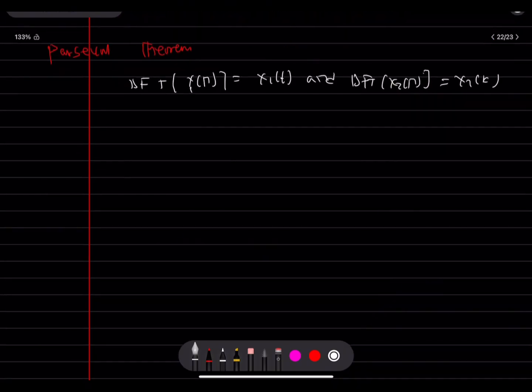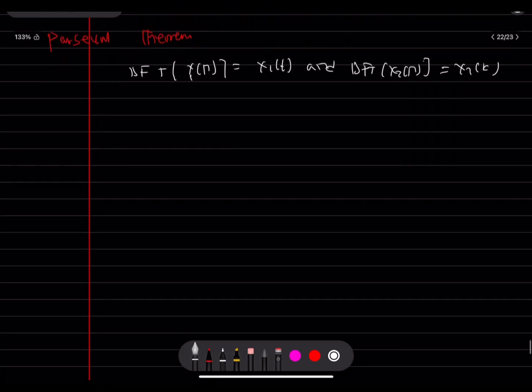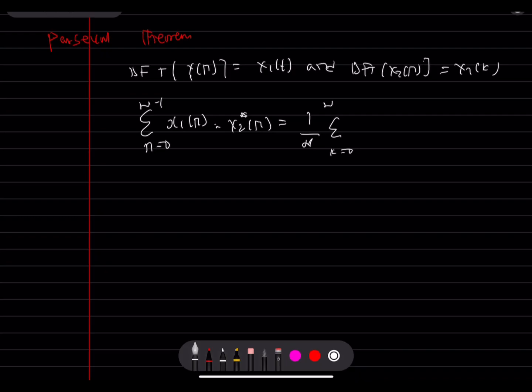then the theorem states that the summation of n equal to 0 to N minus 1 of x1 of n multiplied by x2 conjugate of n is equal to 1 over N times the summation of k equal to 0 to N minus 1 of X1 of k multiplied by X2 conjugate of k.